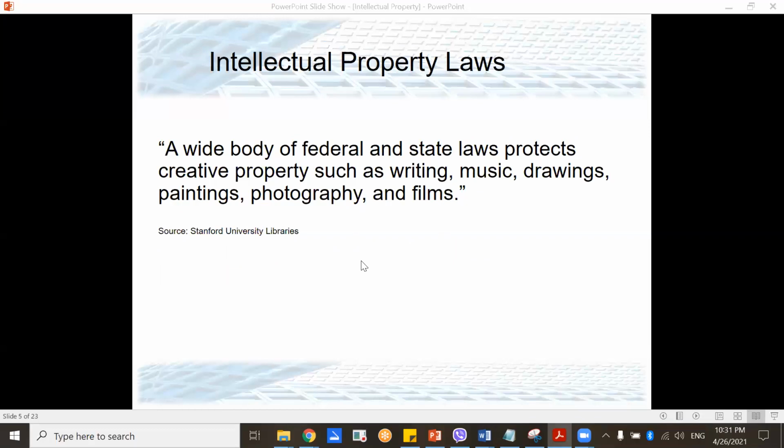Now, when we talk about intellectual property laws, each country has its own different sets of laws. Stanford University Libraries defines intellectual property laws as a wide body of federal and state laws in the United States, referring to United States laws, that protects creative property, such as writings, music, drawings, paintings, photography, and films.